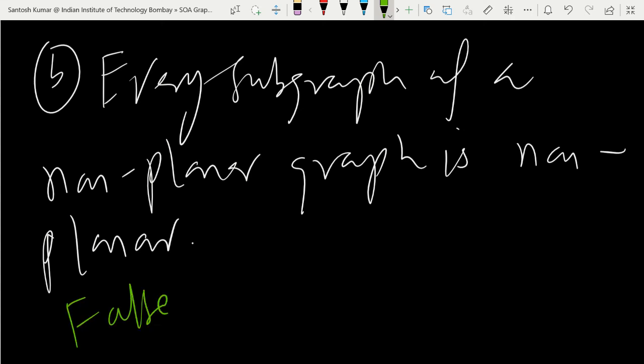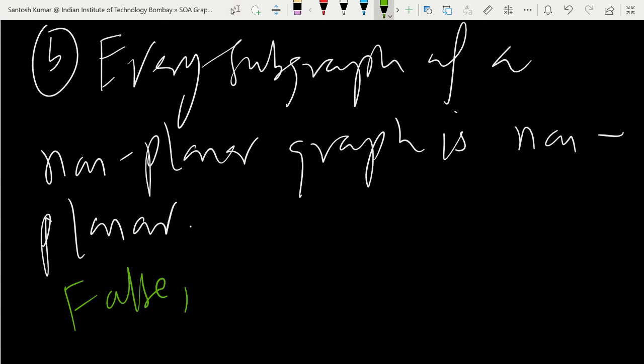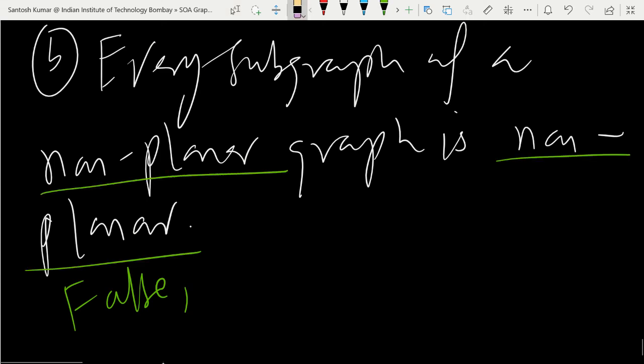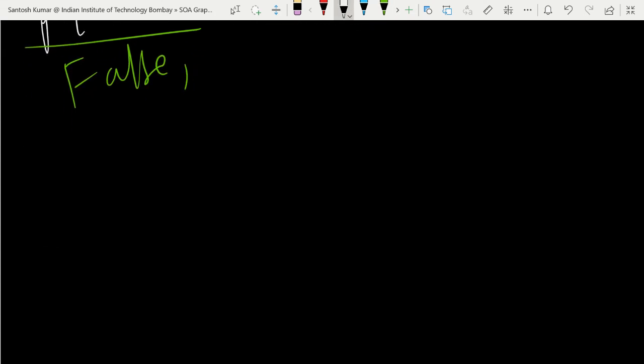So what is the example? We have to find one example where the graph is non-planar but the subgraph is planar. Tell me one example. K5, yes, K5 and K3,3.